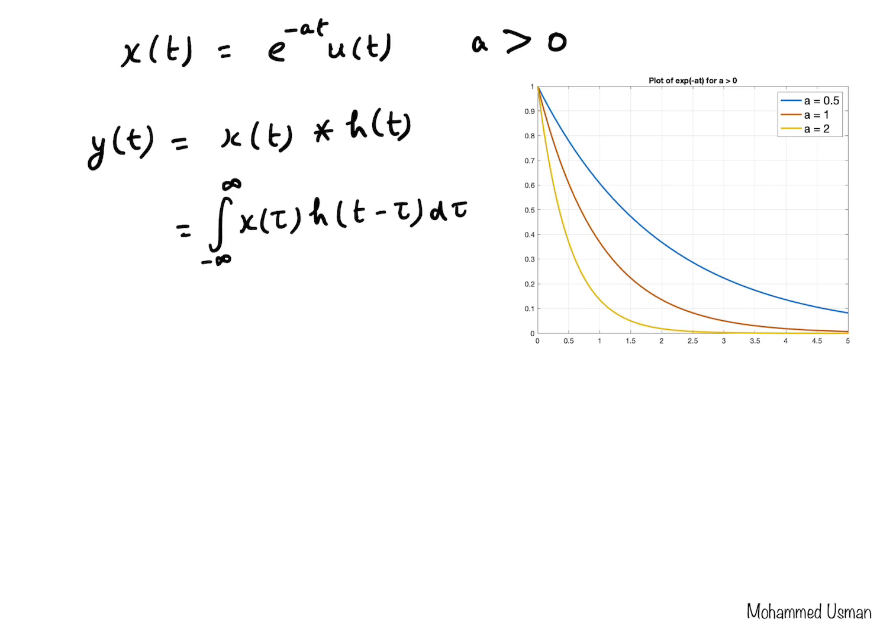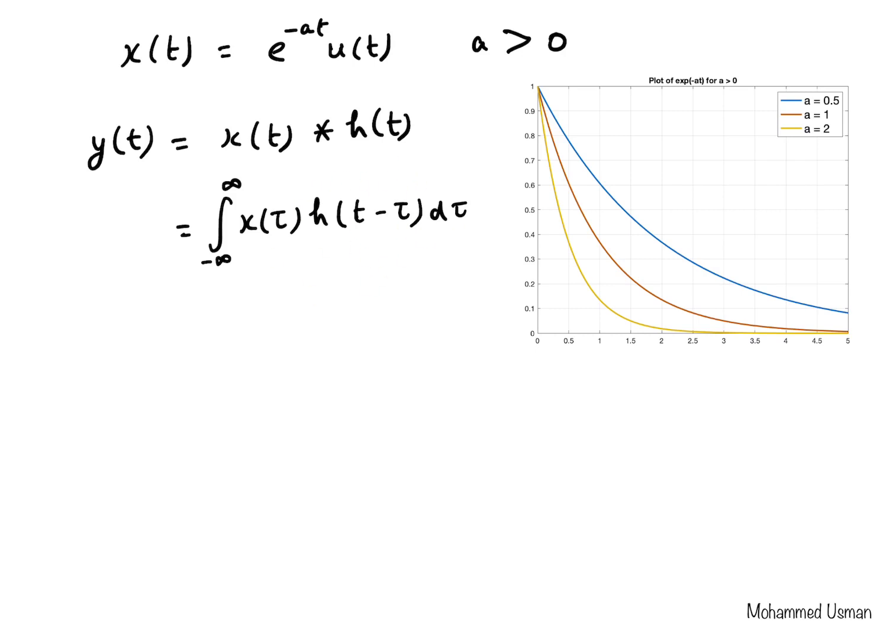Now we are going to use some of the concepts we discussed earlier to depict this h of t minus tau. First we'll depict h of tau, then we will make it h of minus tau, which is a reversed version of h of tau, and then we'll add this plus t and get shifted and reversed versions of h of tau.